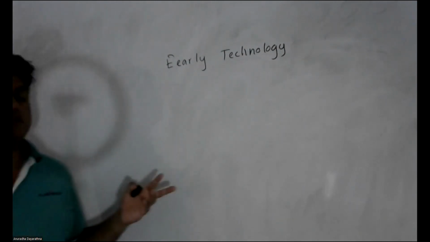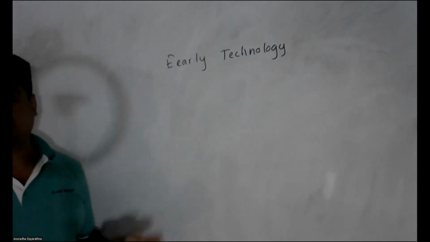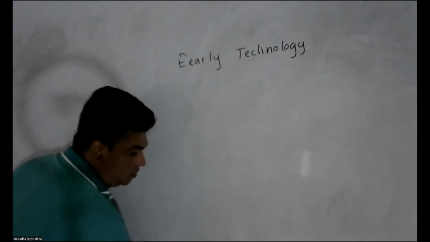But for about 2 years now, they have not given such a question from this section. So there is a possibility of it coming in this time's exam. Normally this early technology comes as the fourth question of your oral.